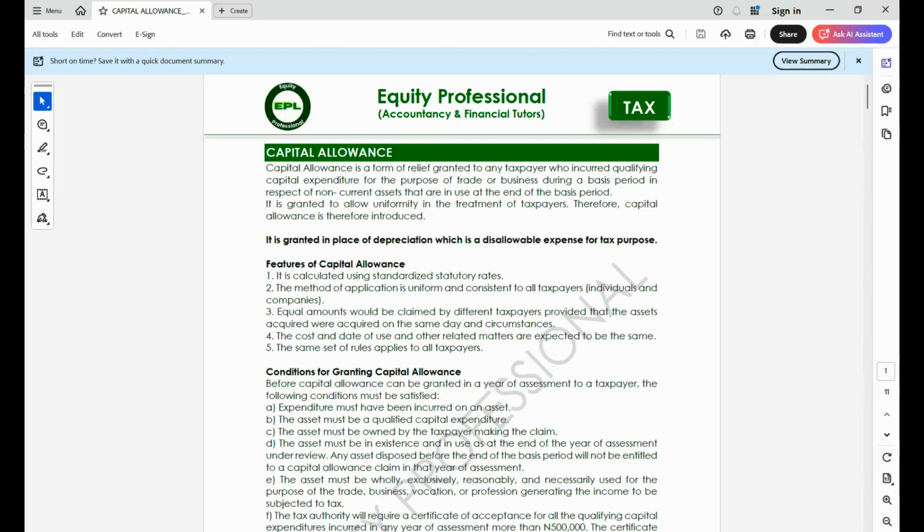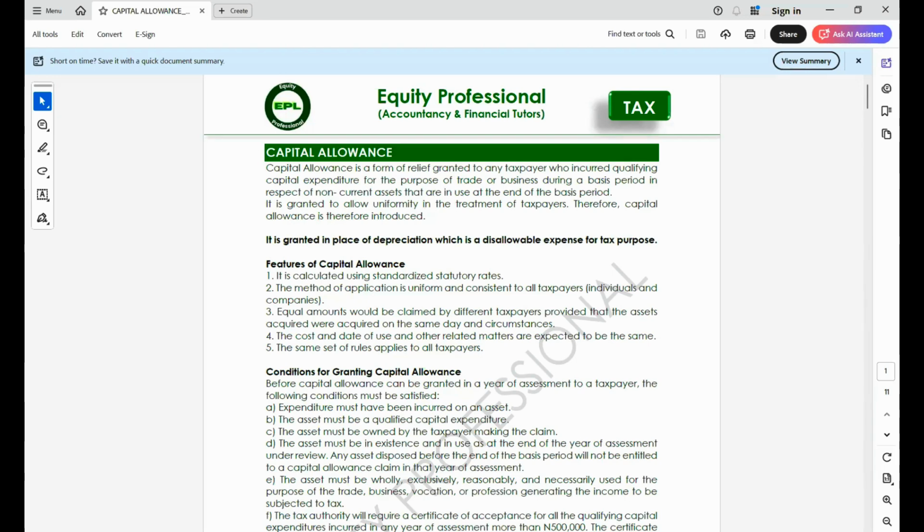So anytime you are preparing an account for the purpose of tax, maybe adjusted profit or any other account for tax liability, whenever you see depreciation, that amount will be disallowed.